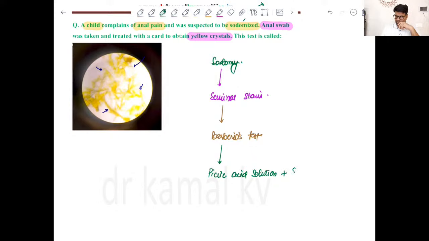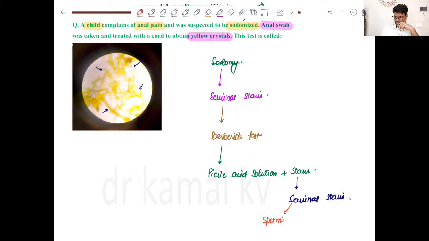So we add a picric acid solution, that is also known as Barberio's reagent. And if this stain is a seminal stain, if it is related to semen, there will be presence of spermine.